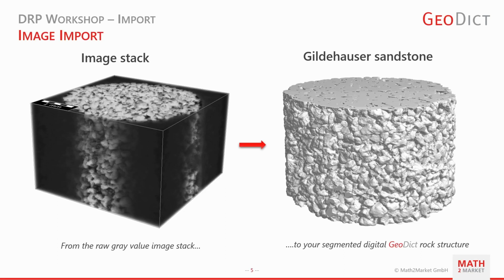In this part of our workshop, we will work with an outcrop of this dataset with approximately 500 voxels in each direction. Please note that we have added all these slides and further working steps as PDF to the workshop archive. So feel free to use them during and after this workshop for your own training purpose.